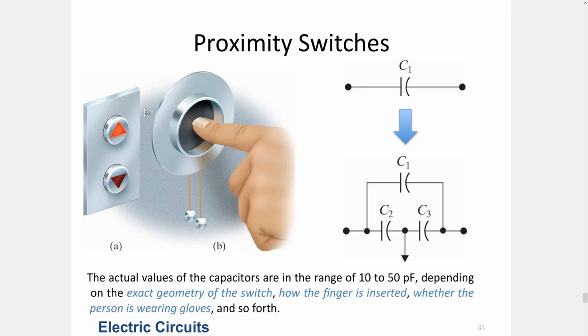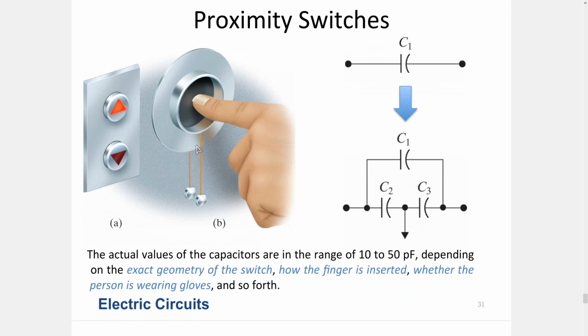If you look at the equivalent circuit, we basically have some C1 and we also have a capacitive voltage divider. And when we touch the button, we just get connected in parallel with the circuit.